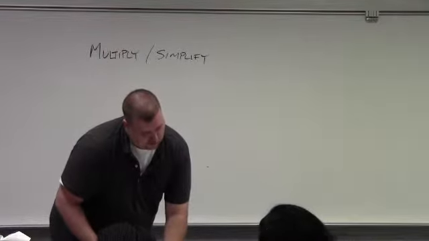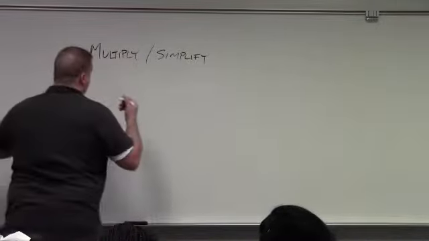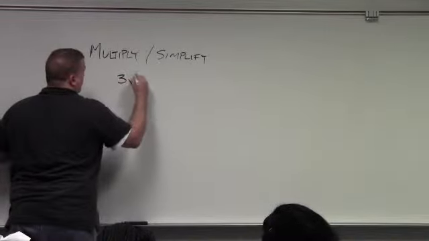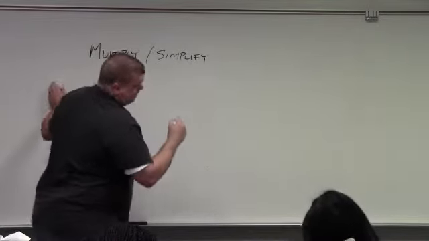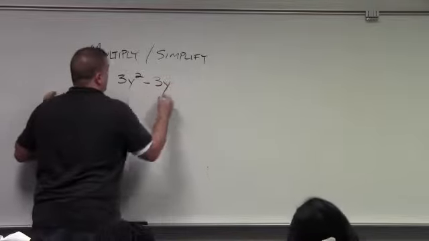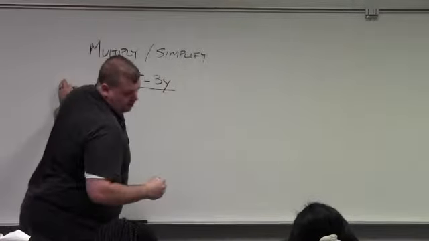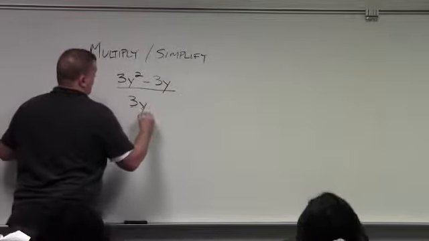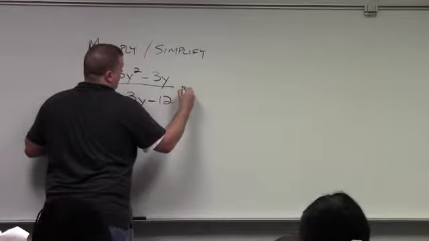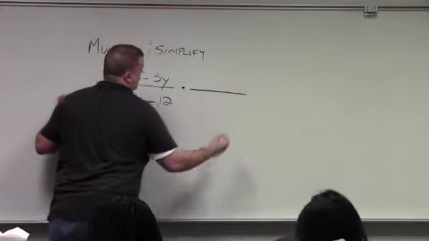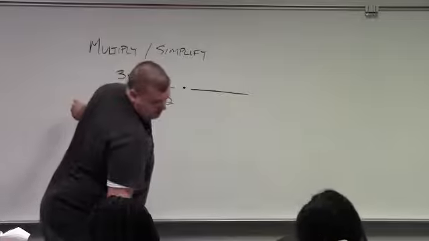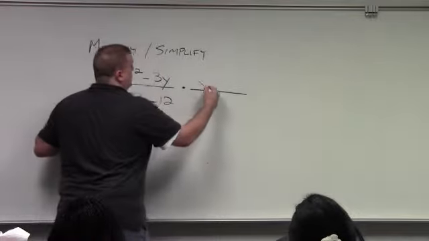So let's try another example that involves a little bit of factoring. Once again, that little rectangle there represents multiplication.